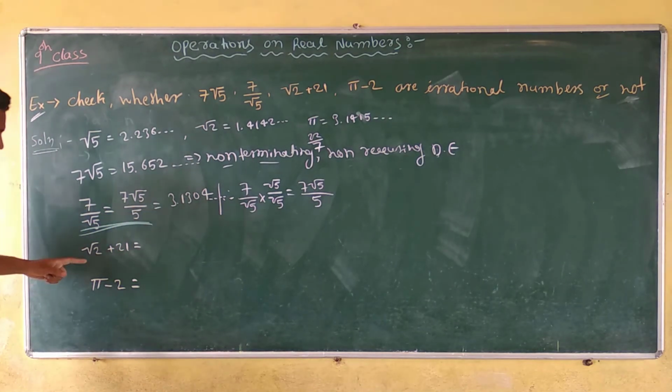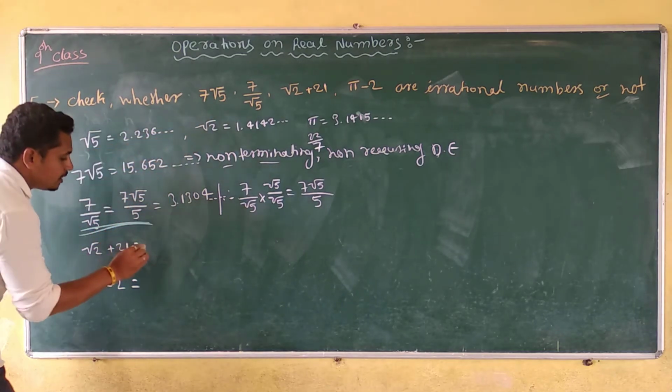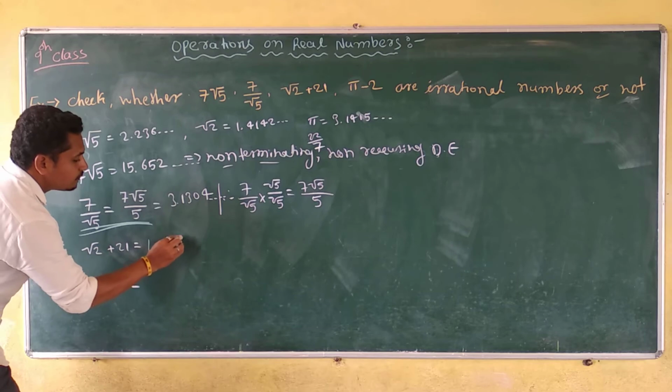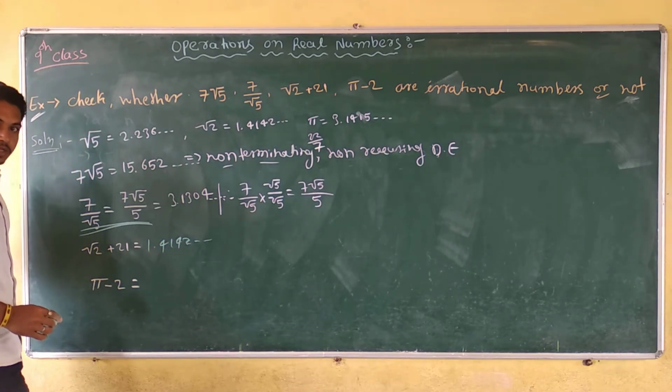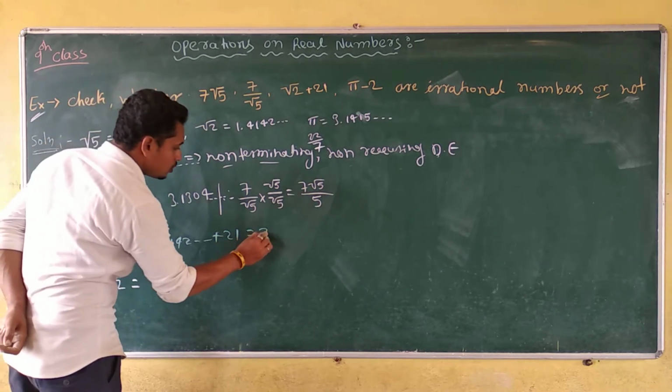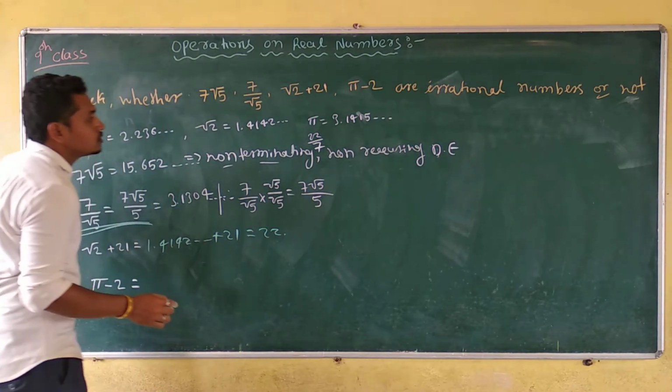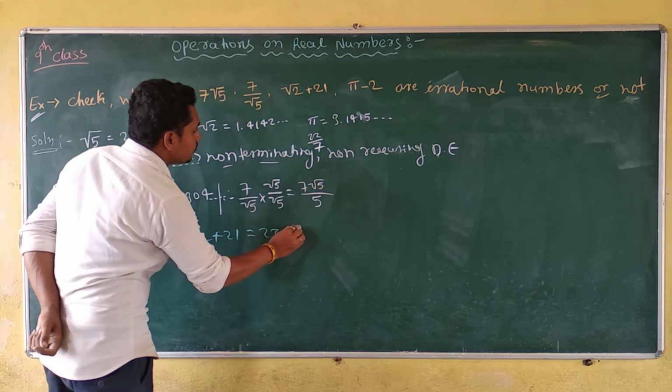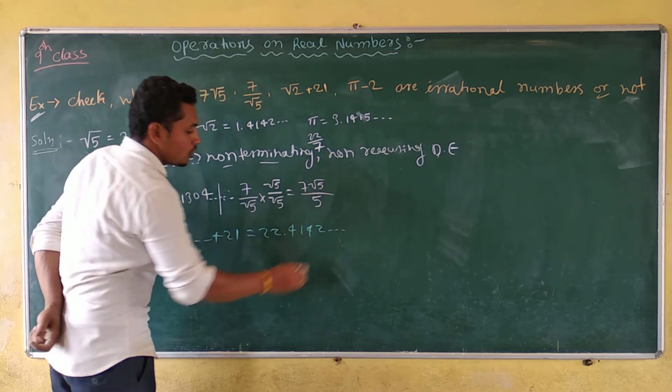Next, root 2 plus 21. The value of root 2 is 1.4142 and so on, so plus 21 gives 22.4142 and so on.